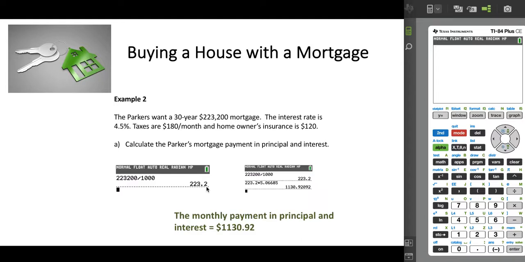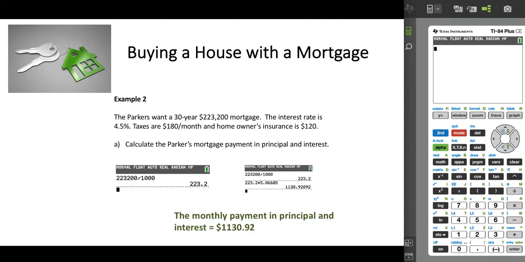I'm going to multiply 223.2 by the number we found in the chart, 5.06685, and the amount of their mortgage payment that is going towards principal and interest is $1,130.92. Okay, now, when you are paying your mortgage, this is the amount that's going to the bank. A lot of times you have money that you're also paying for the taxes and for the insurance.